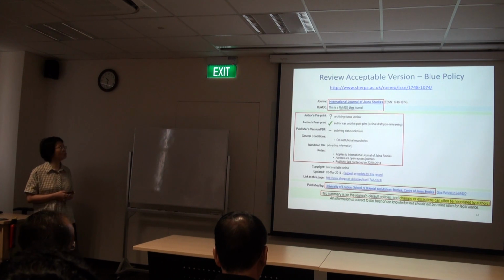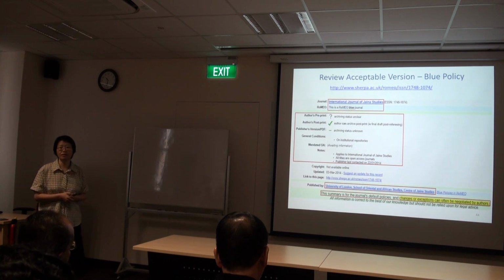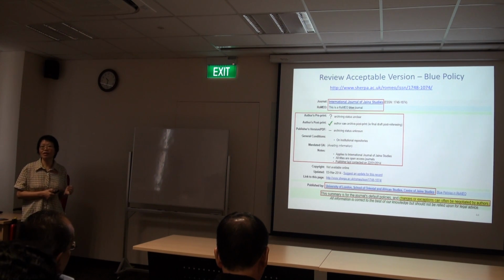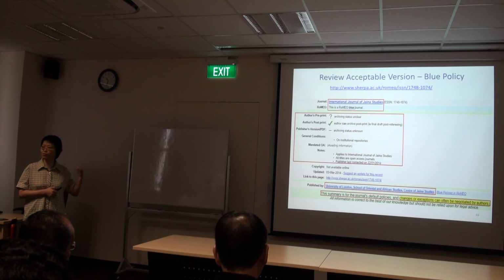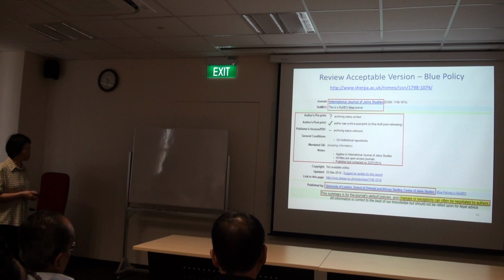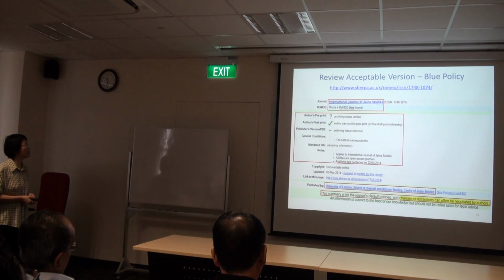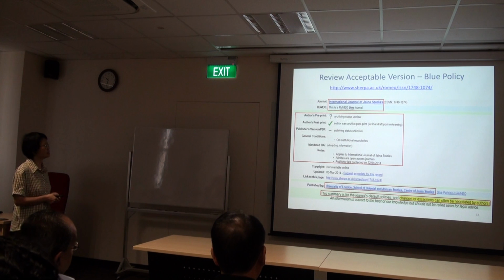So next, the blue policy. The blue policy allows us, if you can see, to deposit the post-print by default. As pointed out, you need to check the specific journal. For this example, the publisher is University of London School of Oriental and African Studies, Center of Business Studies, and the journal is this.